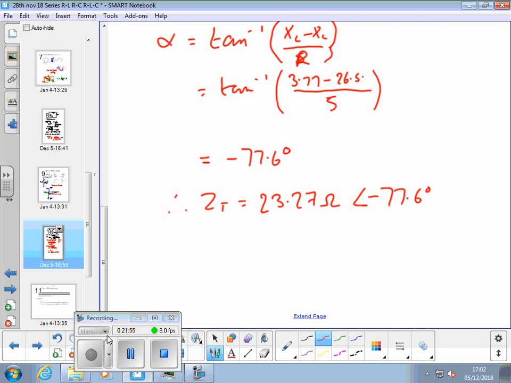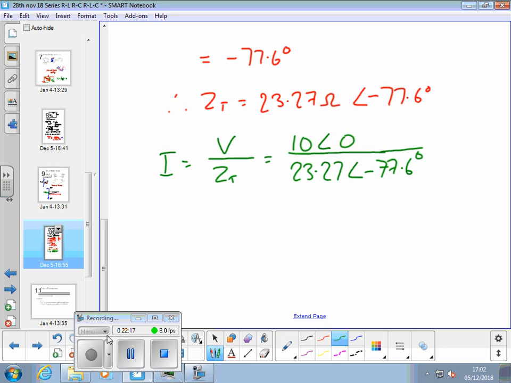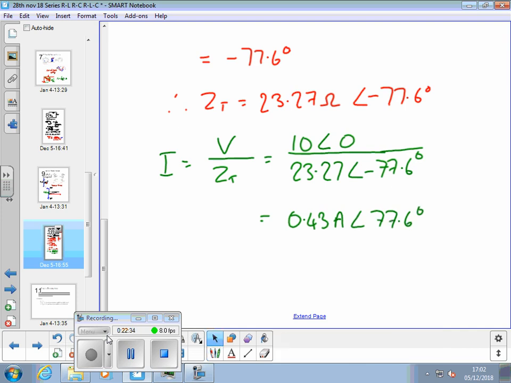Reduced impedance means a larger current. So I is equal to V over ZT, 10 angle 0 over 23.27 angle -77.6, equals, and I got 0.43 amps angle 77.6 degrees.